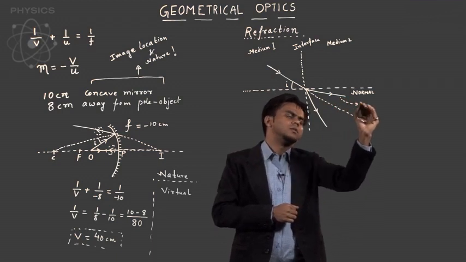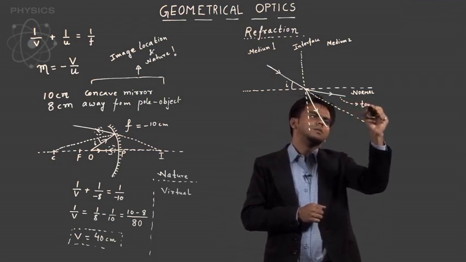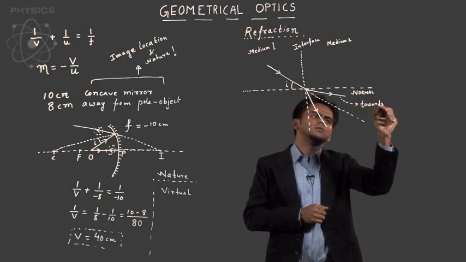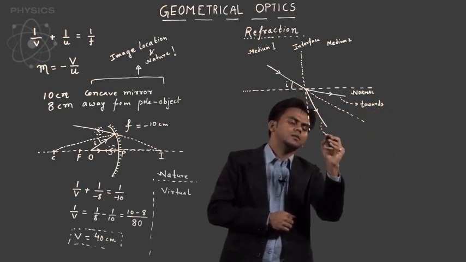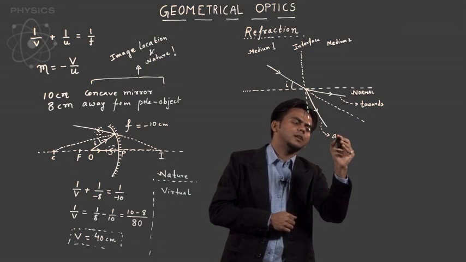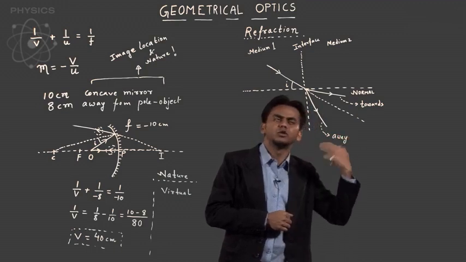When I say towards the normal, and this ray over here is away, when I say away, it is away from the normal.